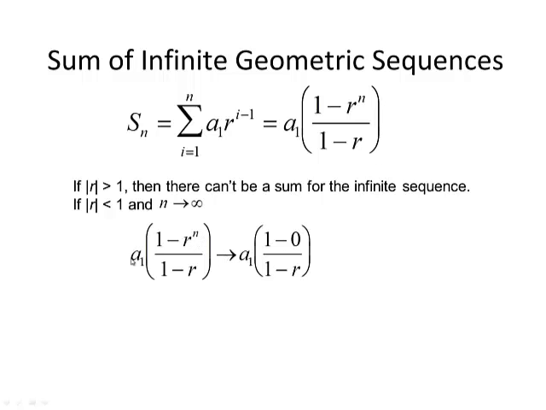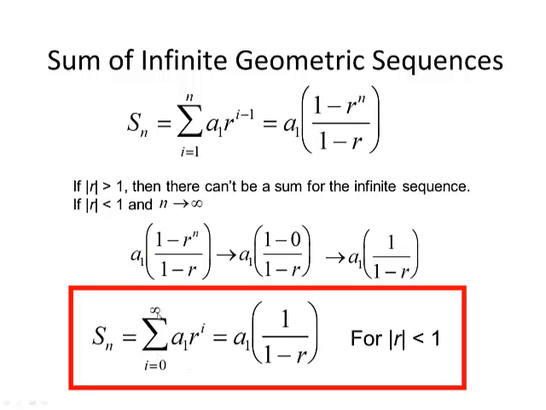And then my formula for finite becomes my infinite formula, and that's 0. So that means that my infinite formula, this part right here, will just become 0, and we'll just have 1 over 1 minus r.